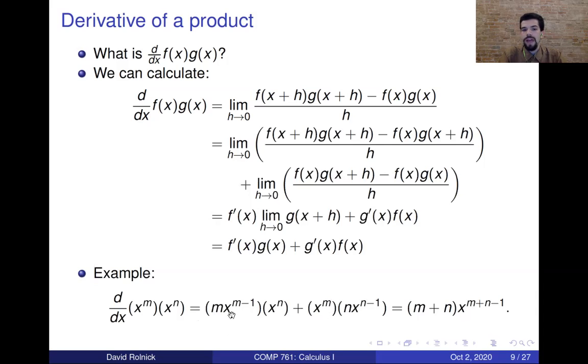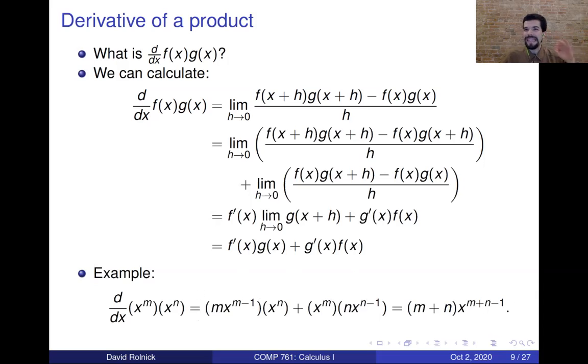Remember, m x to the m minus 1 is just the derivative of x to the m, and n x to the n minus 1 is just the derivative of x to the n. But this nicely simplifies to m plus n times x to the m plus n minus 1, which is, fortunately, the same thing we would have gotten if we had just taken the derivative of x to the m plus n directly. So math works out.